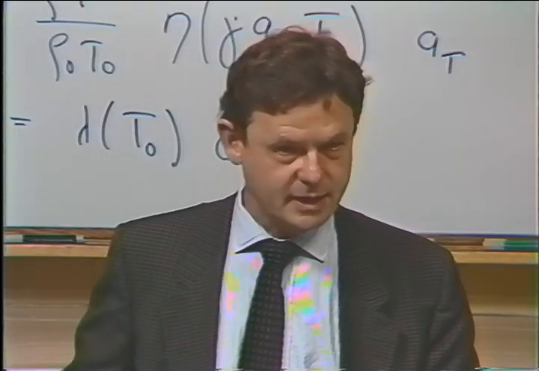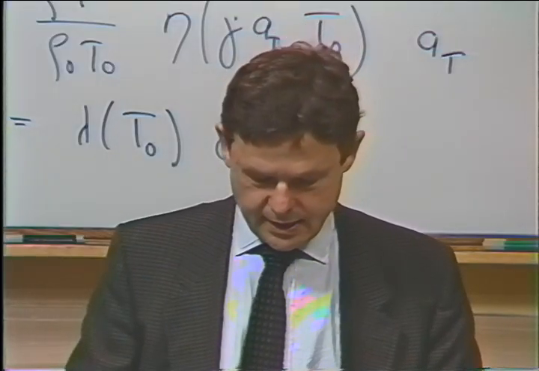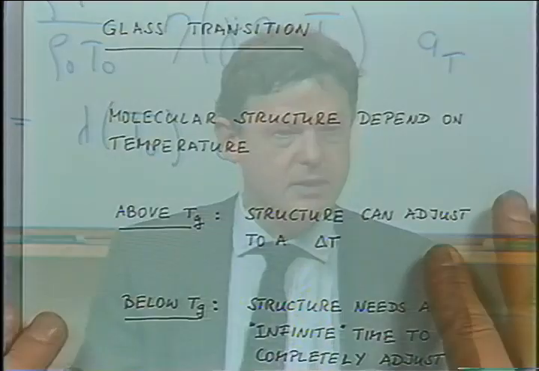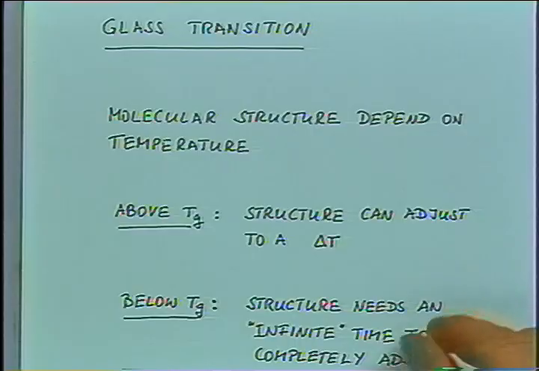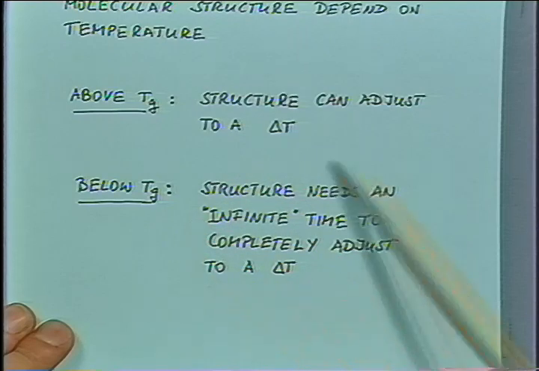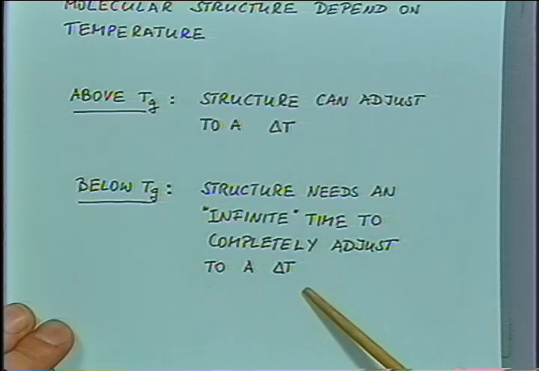I haven't even mentioned the glass transition temperature, but if you would say that a material below Tg is in some non-equilibrium structure, somehow temperature change affects the structure in the material, and at high temperature the structure can equilibrate very rapidly, and we would look at equilibrium structures at all times, at least during steady state experiments.